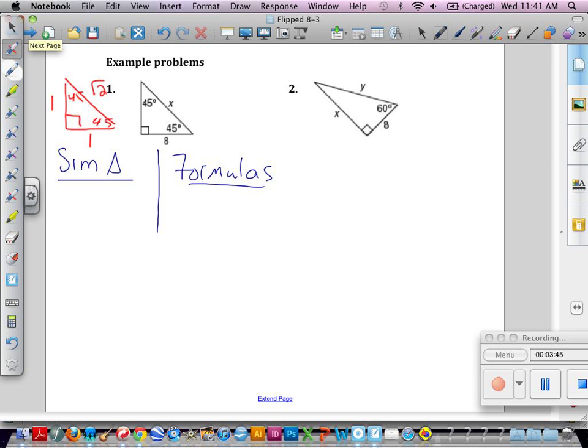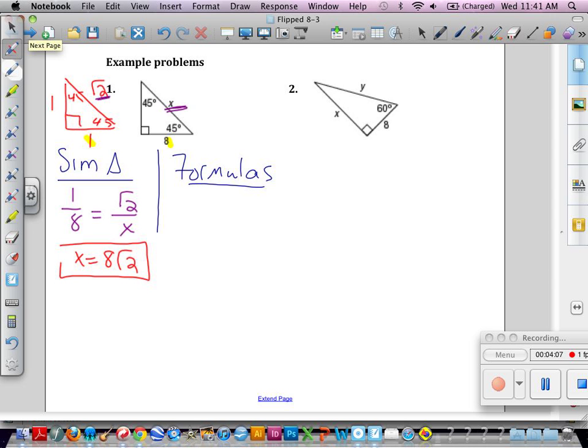So 1 and 8 correspond. I'm setting up my proportion, and then I've got my root 2, which is my hypotenuse, going with my hypotenuse in the other one. Cross multiply now. X equals 8 root 2.